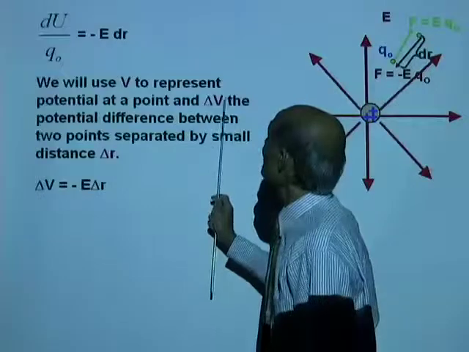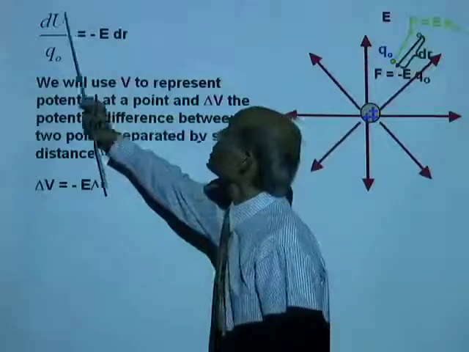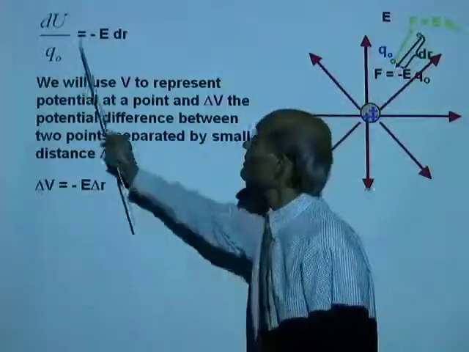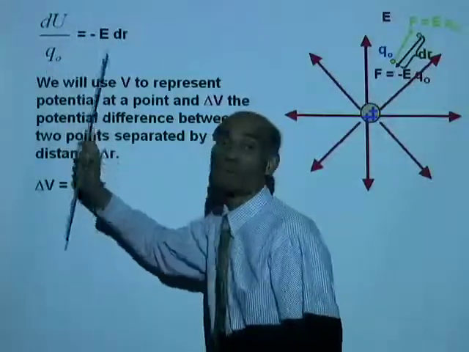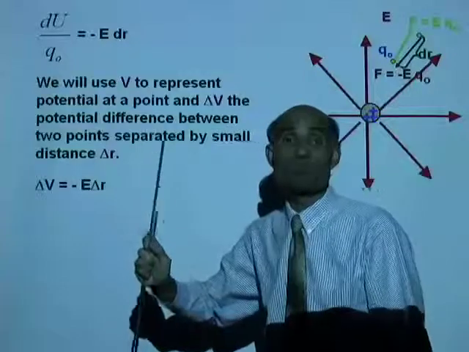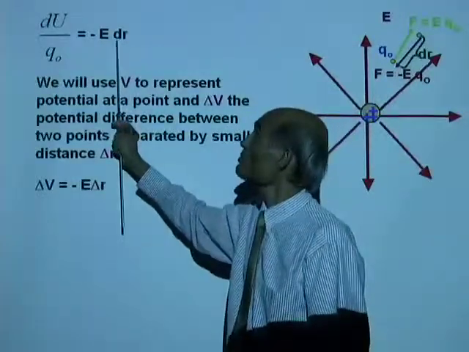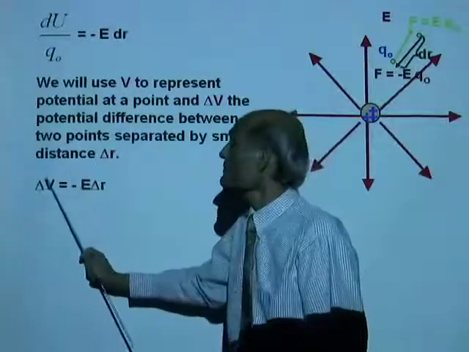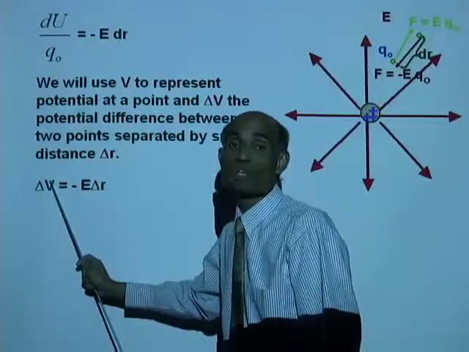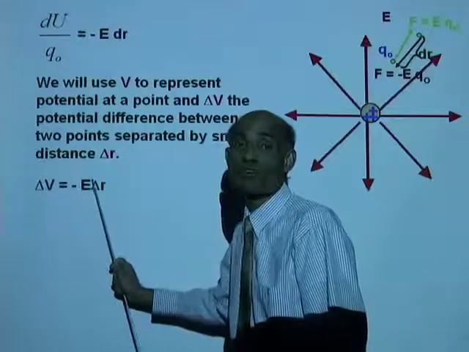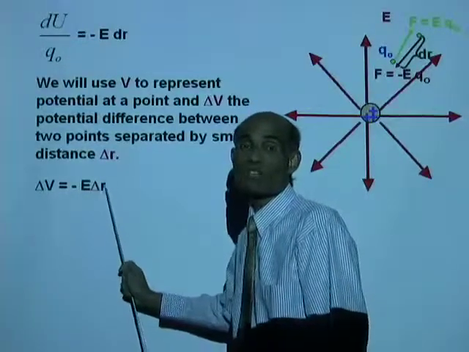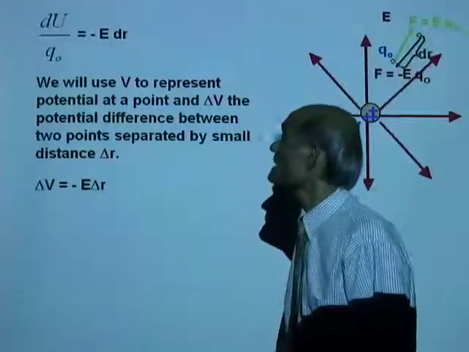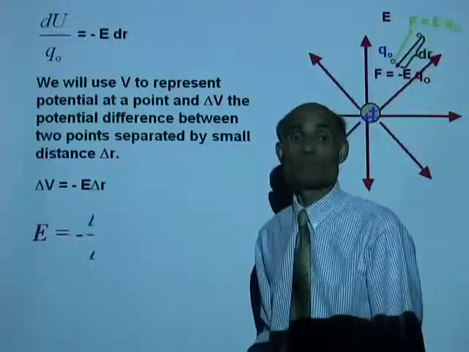So therefore we have delta V, the potential difference. dU over Q0 is a measure of the potential difference between 2 points separated by distance dr. If delta V is the potential difference between 2 points separated by a distance dr, then delta V equal to negative E delta r.